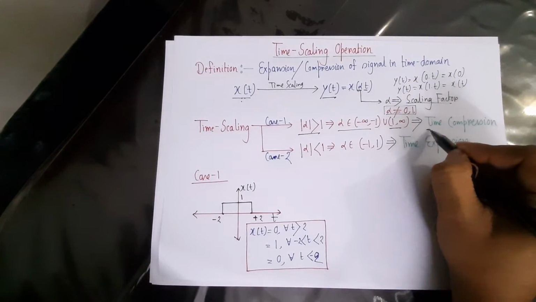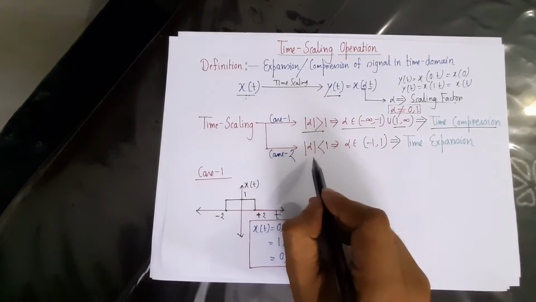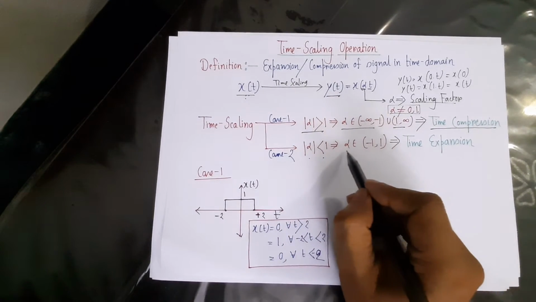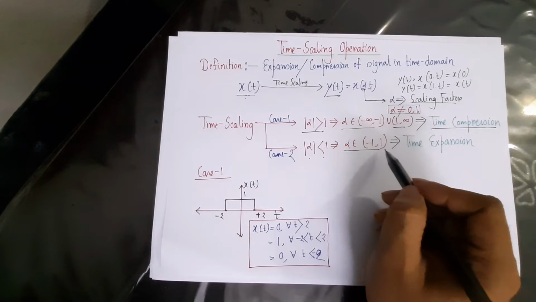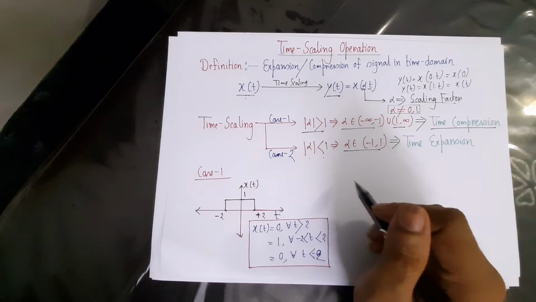So this is the example of time compression operation. And when modulus of alpha is less than 1, that is alpha belongs to the interval minus 1 to 1, we will explain by example that the original signal gets expanded in the time domain.